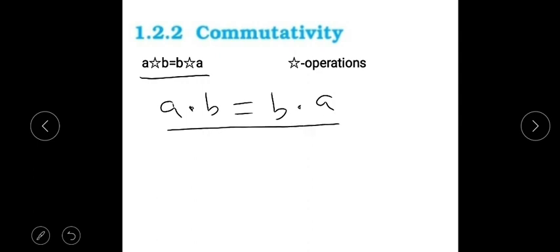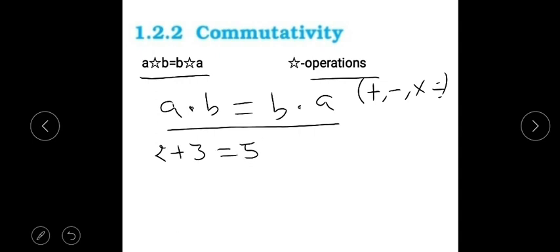Now, what are operations? We know that there are four basic operations: addition, subtraction, multiplication and division. Let's understand with some examples how it actually works. If we add, subtract, multiply or divide any two numbers, say 2 plus 3, the result is 5, right?